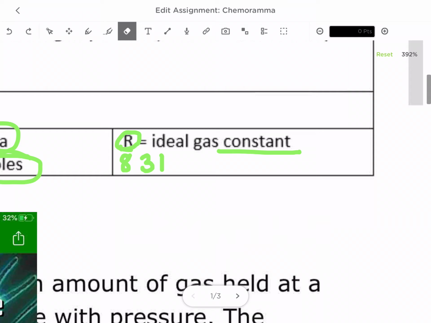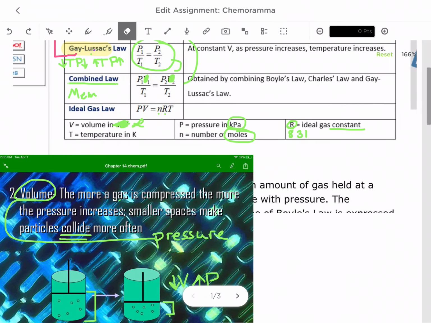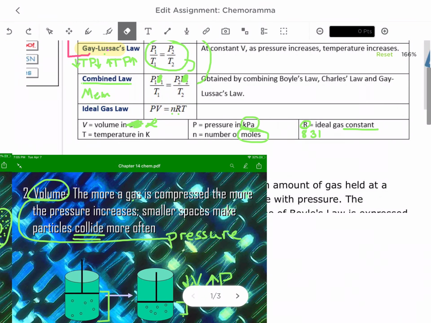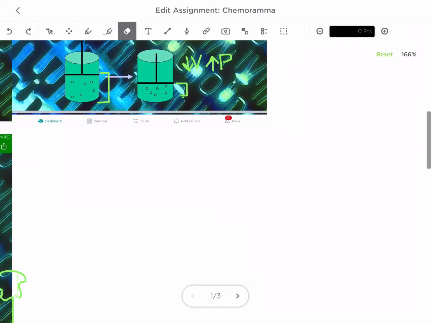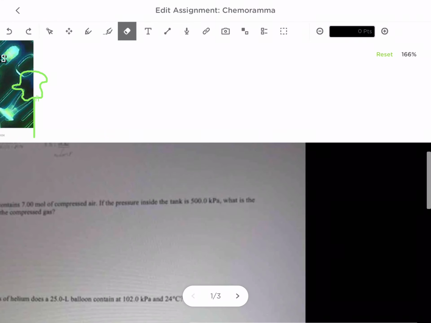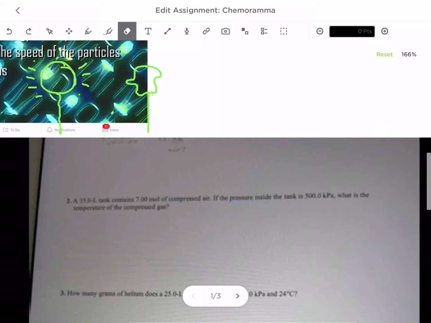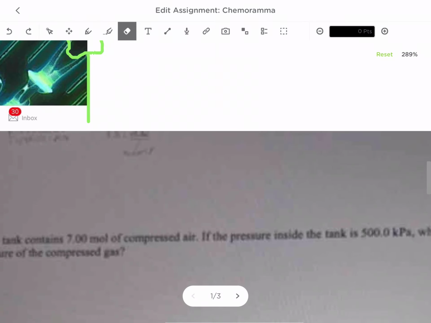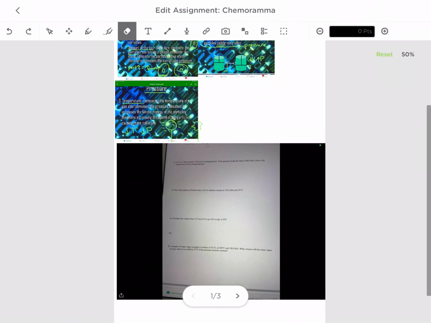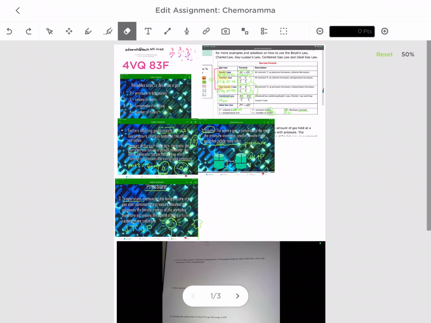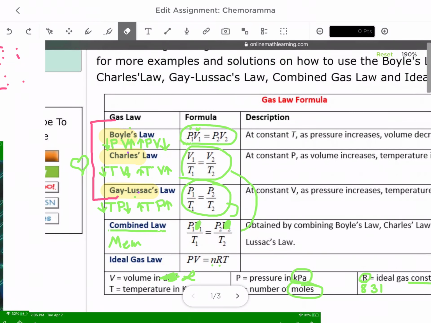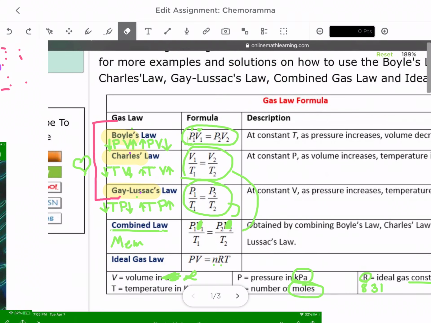So I think I've caught you up enough to start you on one of these problems down here. We are going to use these steps to solve all of these problems and any other problems that use any of these equations, laws, combined gas law.